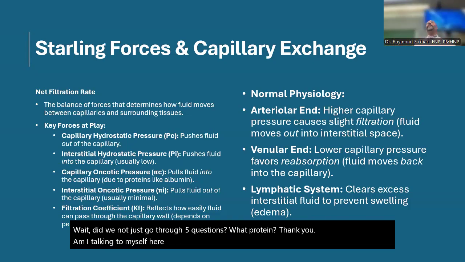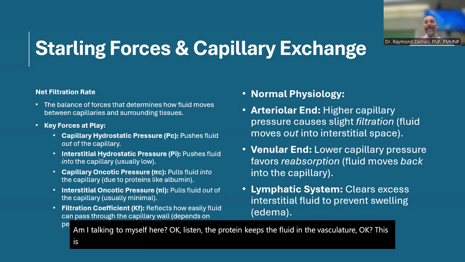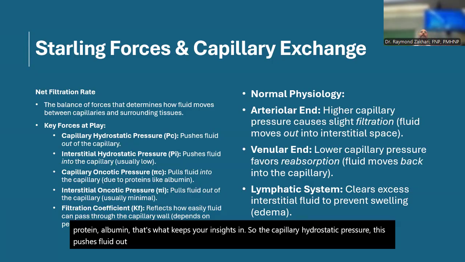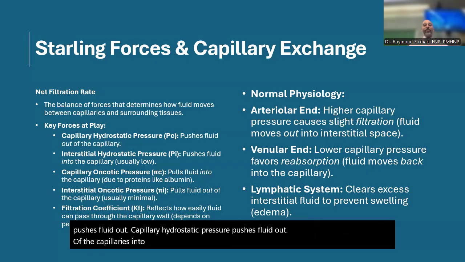Okay, listen. The protein keeps the fluid in the vasculature. This is what's maintaining that fluid volume balance. Other things like oncotic pressures, plasma protein, albumin, that's what keeps your insides in. So the capillary hydrostatic pressure pushes fluid out of the capillaries into the interstitial space.